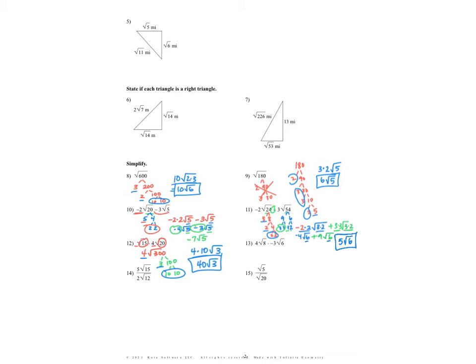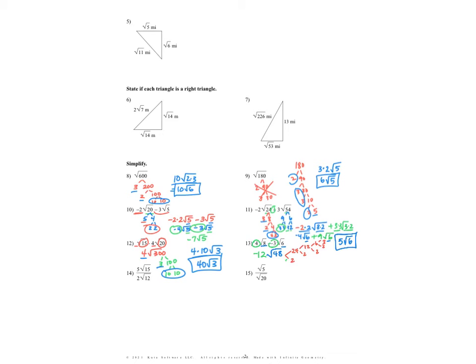You are not trying to find a common radical here. Okay? You are multiplying outside times outside, which is negative 12, and inside times inside, which is root 48. And once you get there, then you simplify. So 48, I know, is 2 times 24, which is 2 times 12, which is 2 times 6, which is 2 times 3.